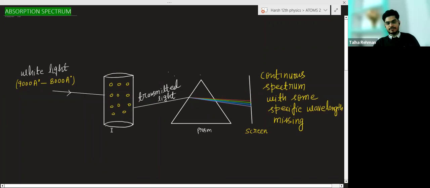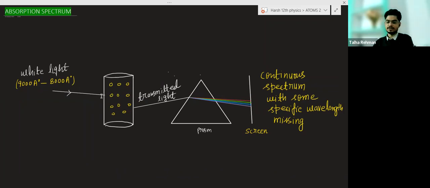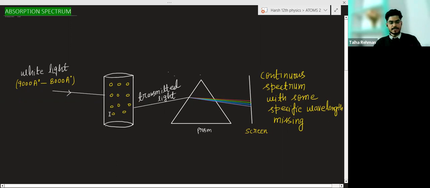This is some gas, and from this gas, white light is passed. And this is the prism. Now the temperature of this gas is low. This gas is at a low temperature, and we are passing the white light.